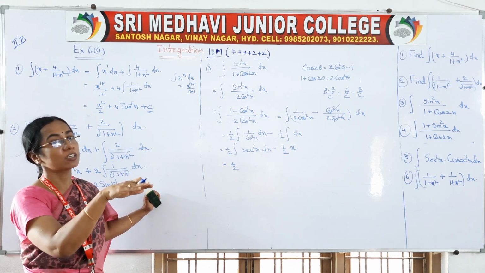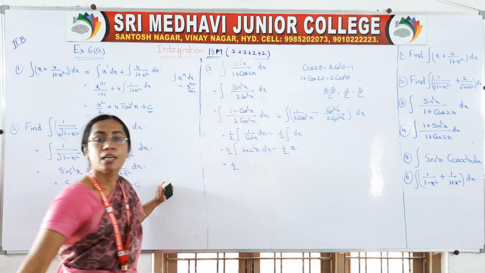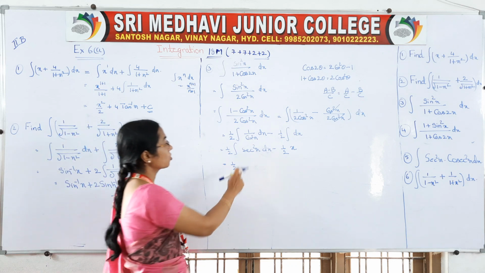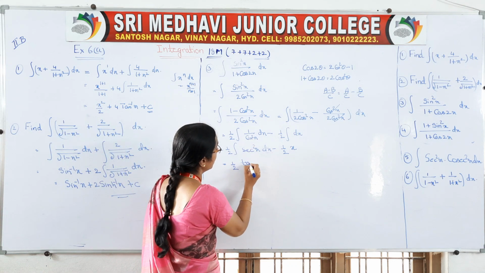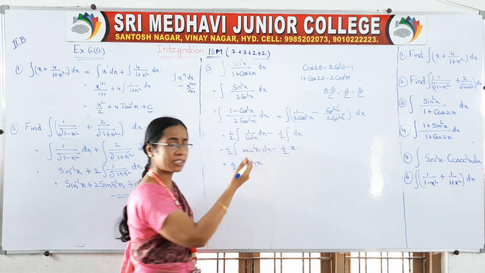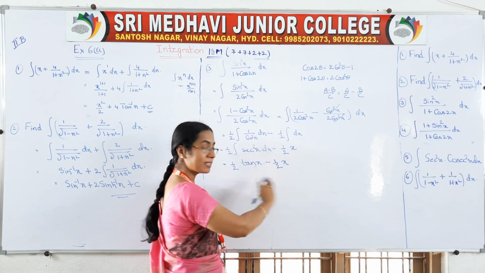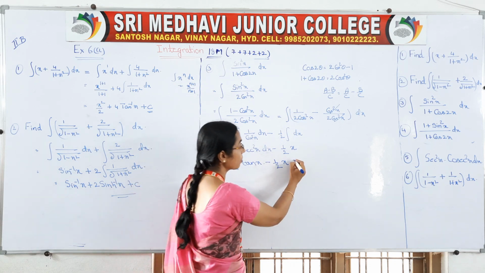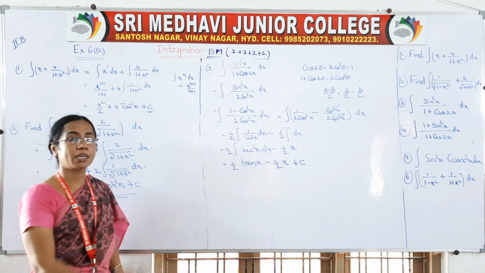That's why we have taken sin square x as 1 minus cos square x. The integral of secant square x is nothing but tan x, a direct standard formula, minus 1 by 2 x. Once integration is completed, what do we have to write? Plus c. This is most important.